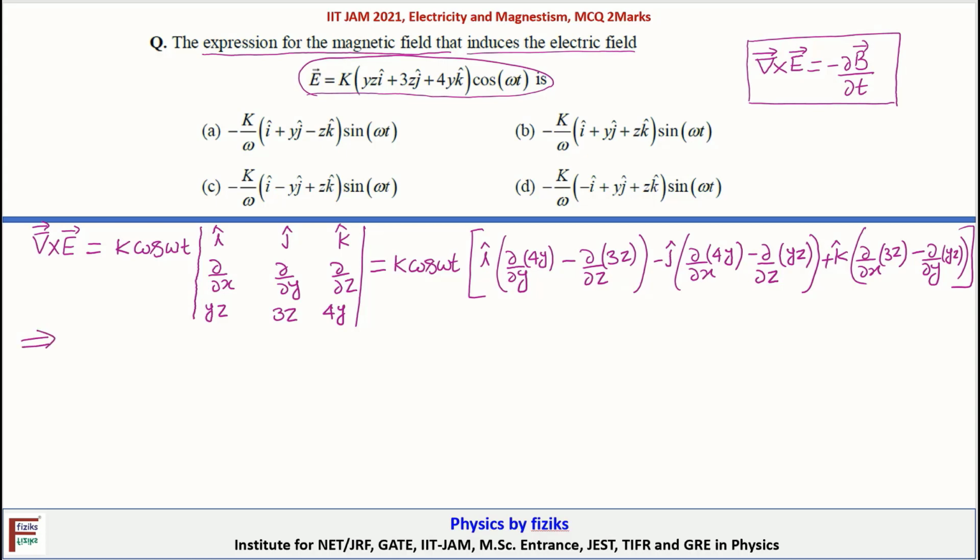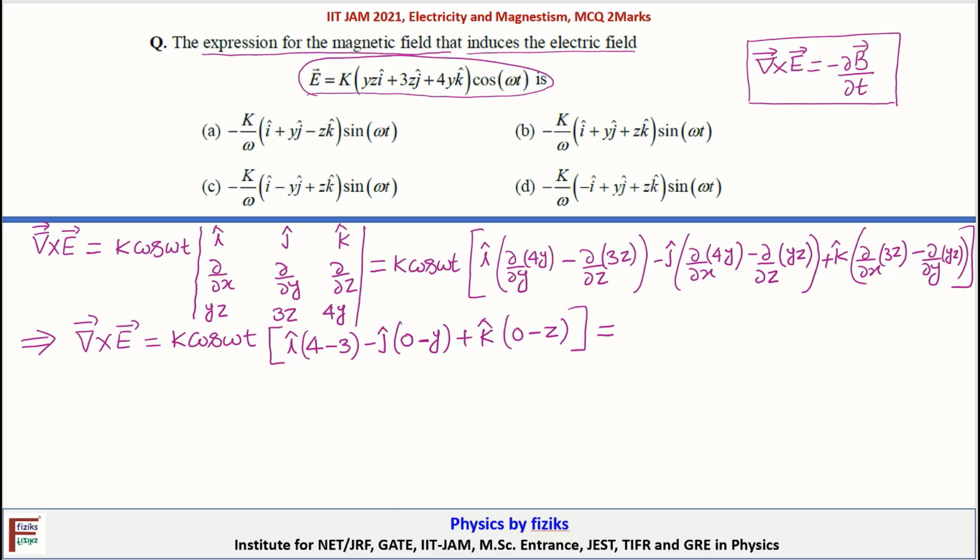So this will give you curl of E is k cos omega t times i cap, this will be 4 minus 3, minus j cap, this will be 0 minus y, and then plus k cap, this will be 0 minus z.